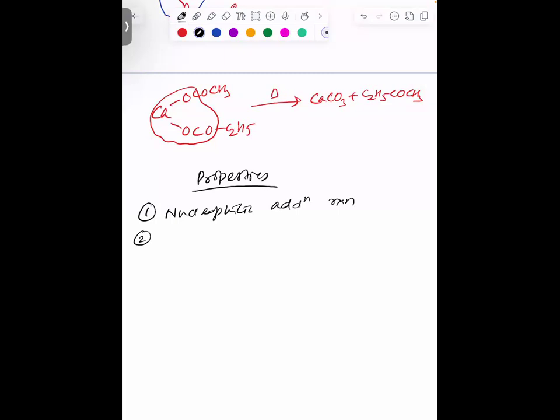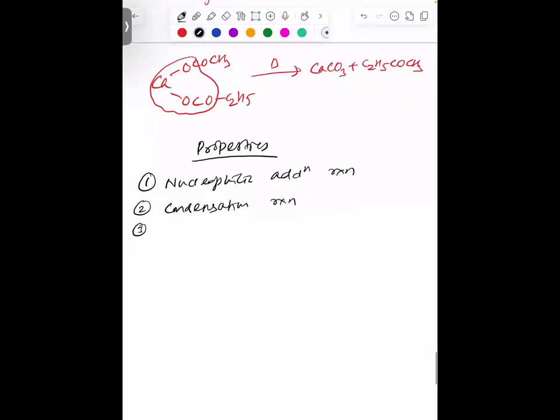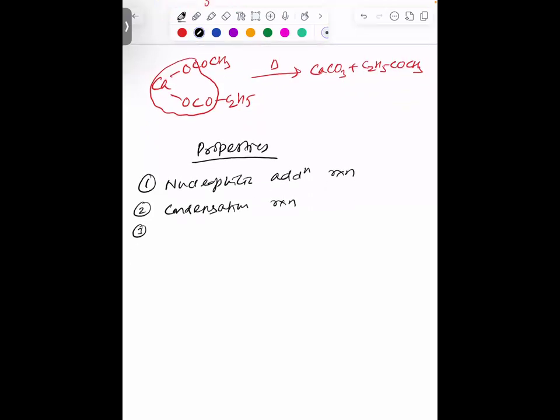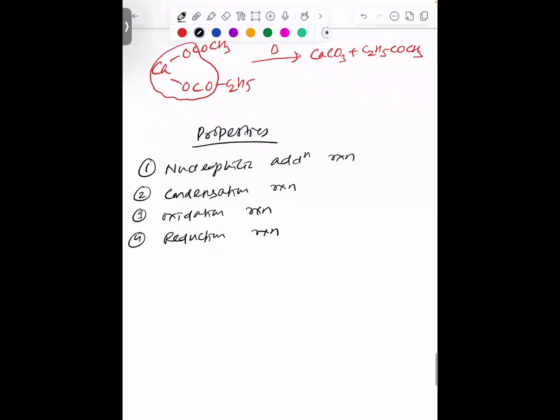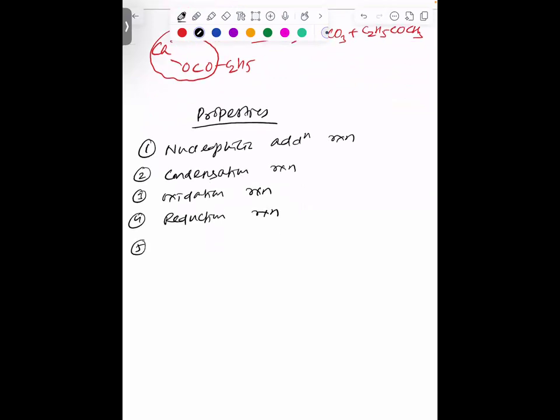After nucleophilic addition reaction, it can undergo condensation reaction. Then it can undergo oxidation reaction, then reduction reaction, which we will discuss for aldehyde and ketone. Then disproportionation reaction.